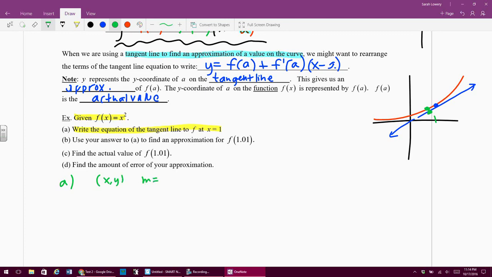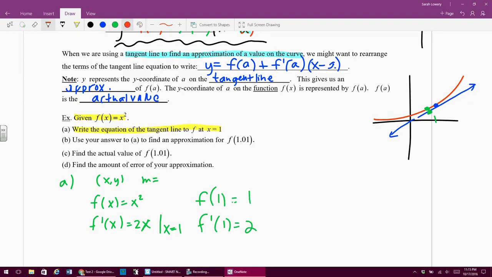So I know that f of x is x squared. So f prime of x is going to be 2x. If I evaluate this at x equals 1, then f prime of 1 is 2, and f of 1 is 1.